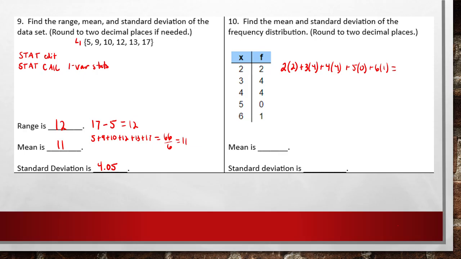If we put all of that together, we get 38. And then if I add my scores, 2 plus 4 is 6, plus 4 is 10, plus 1 is 11. So we end up with 11 total here. So we're going to take that 38 and divide it by 11. And this gives us 3.45.